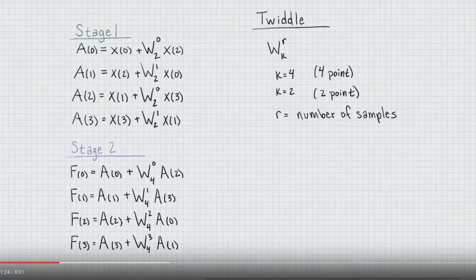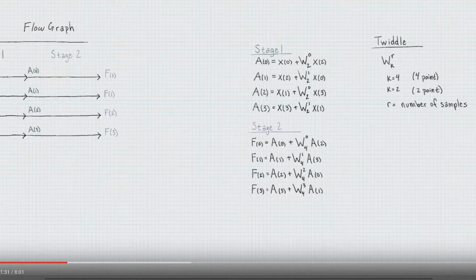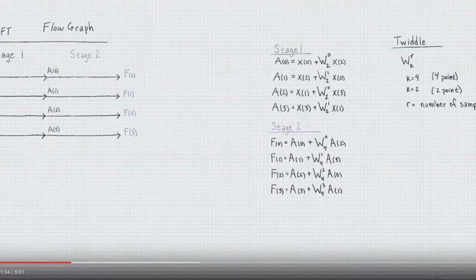So moving over to our equations, I'll try to back out a bit, see if we can fit it all in while still being able to read it pretty well. We have our stage 1 equation, which will tell us what all of our A's are equal to. Our twiddle factor in stage 1, because we have a 2-point FFT, has a bottom K value of 2, and our top r is the specific sample number you're looking for.